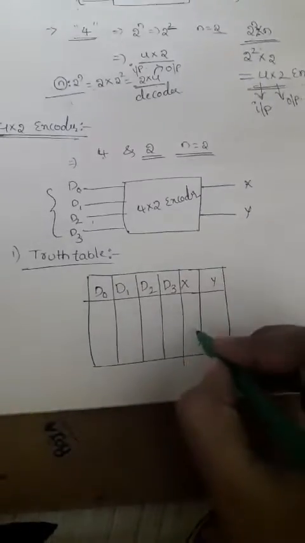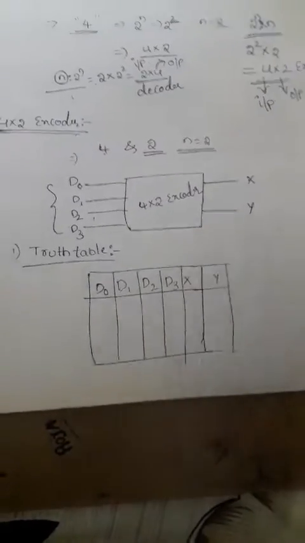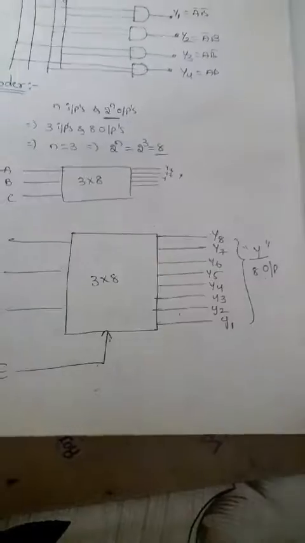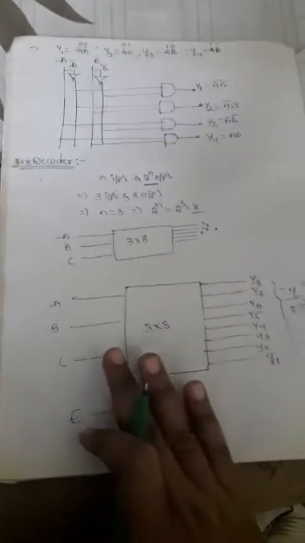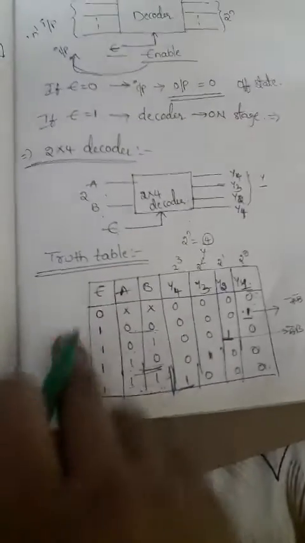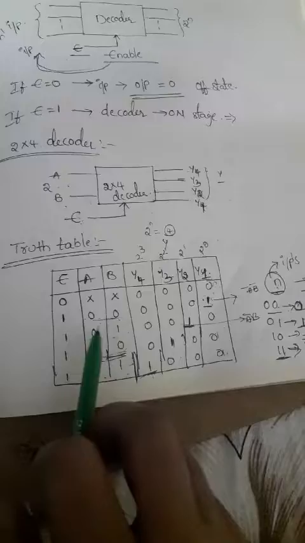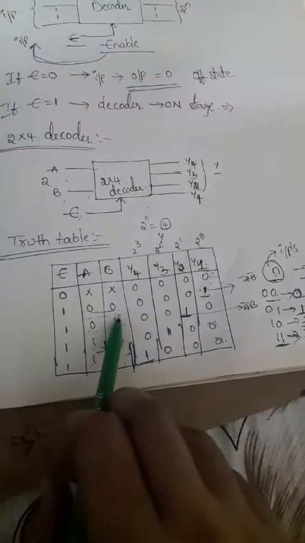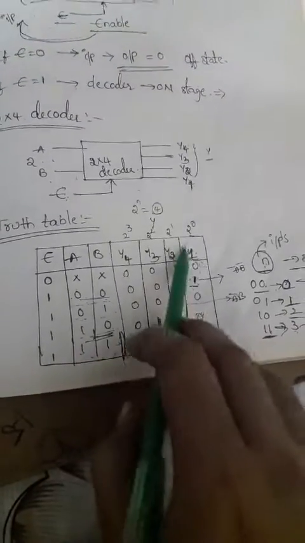Okay, so how to write this truth table? What is the decoder truth table actually? That is nothing but this is the decoder. So I'm taking the 2 to 4 decoder here. How to write the outputs for this 2 to 4 decoder? Depending on the input value, we select the weight of that output.